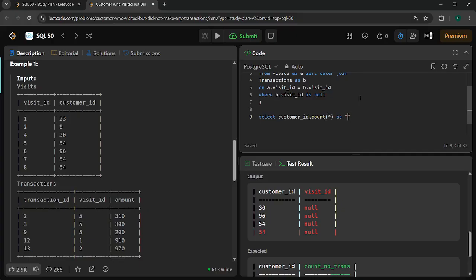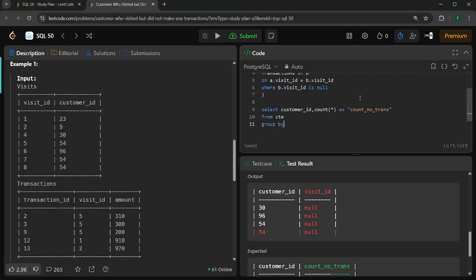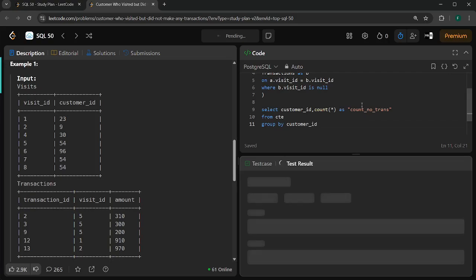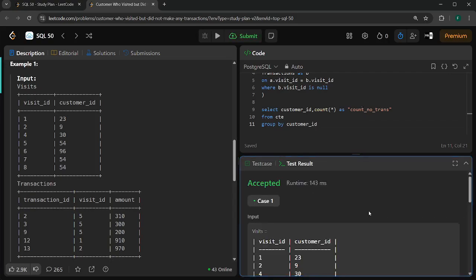As count num trans from CTE. Now I'm going to group it by the customer ID. So let's run the query. All right, we've got the correct output.